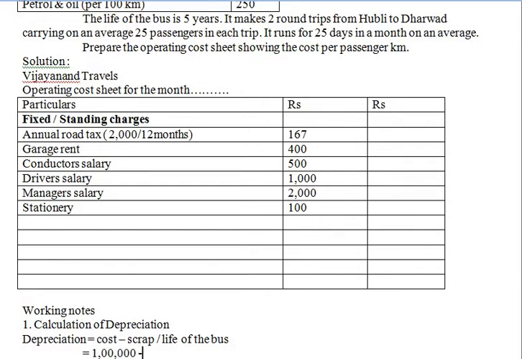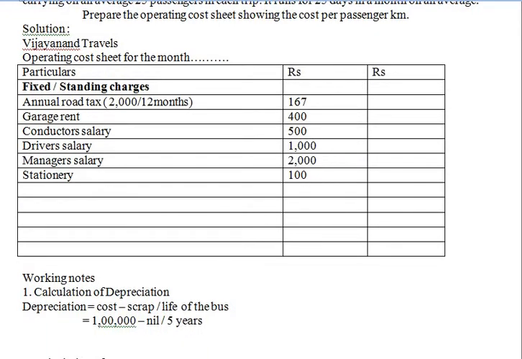Okay, we don't have scrap, so nil, divided by life of the bus is 5 years. Right? Okay, which is equals to 20,000 per annum.